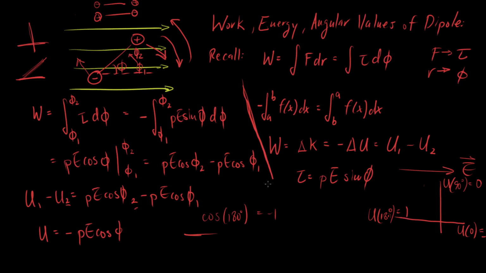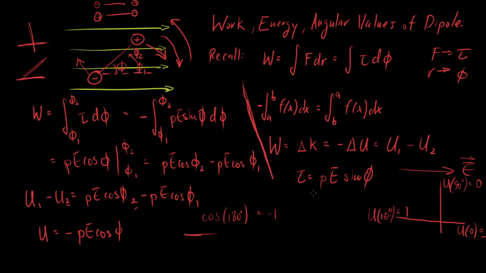And so that should make some conceptual sense, right? It's kind of moving opposite to the direction of our torque due to the electric field. And thus running anti-parallel, I have to repeat this very many times, you have a potential energy maximum. Running parallel, it will be a potential energy minimum, right?